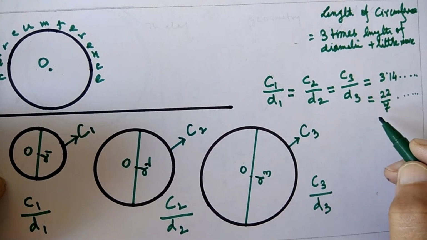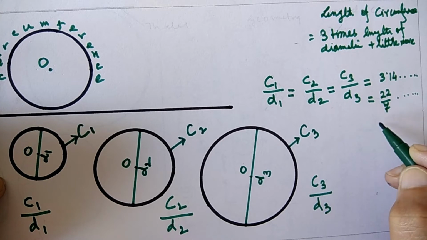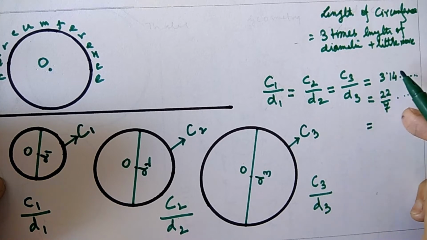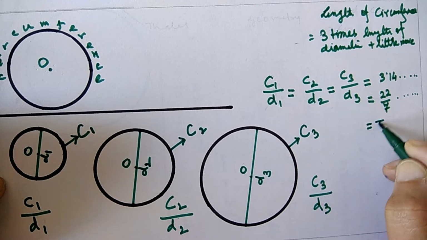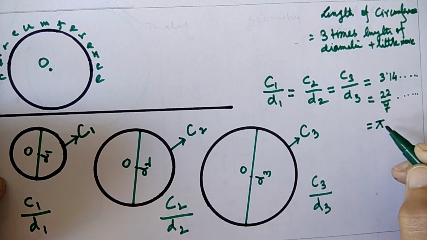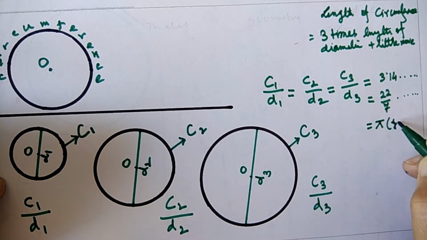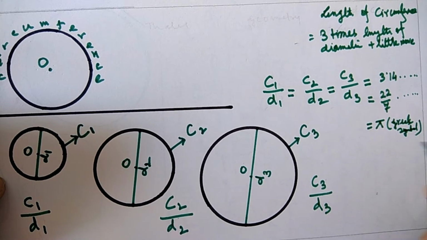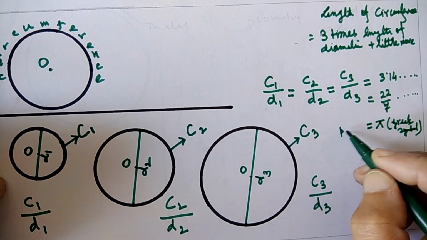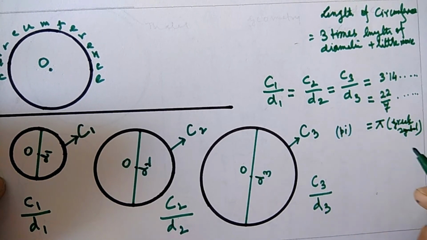They gave the name of this constant value 3.14 or 22 by 7 as pi. It is a Greek symbol, and the name is pi. We pronounce it as pi.